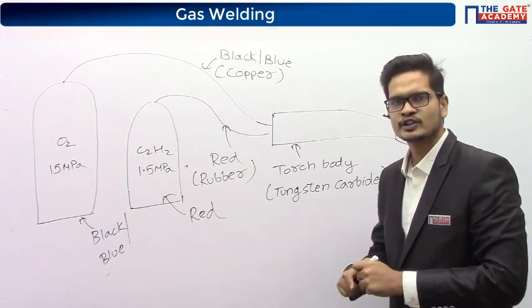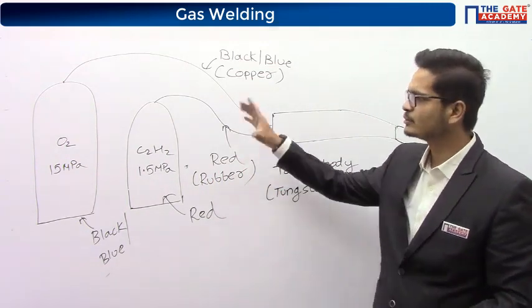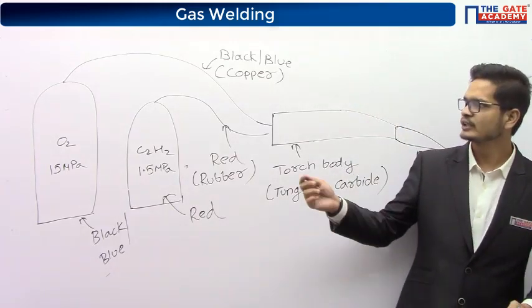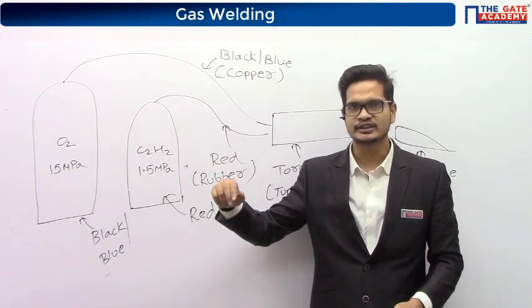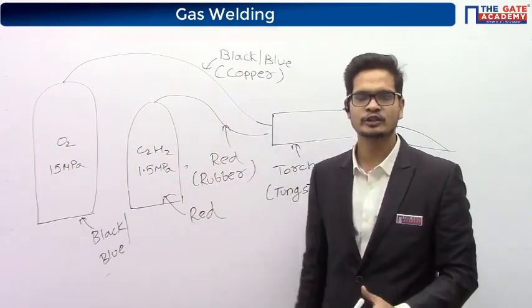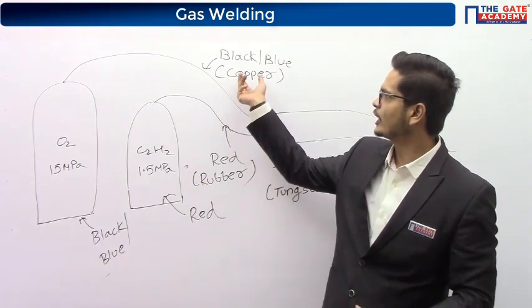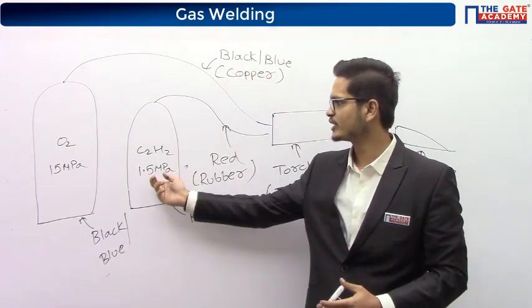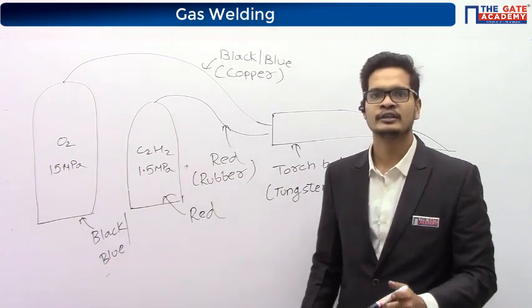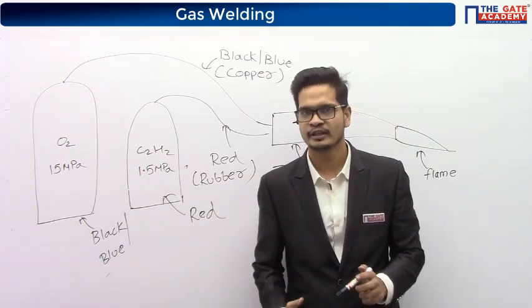Now, since all the cylinders and all the pipes are at one location, there are chances that due to some negligence, the pipes can have a cross connection. Like you can connect the copper pipe to acetylene or you can connect the rubber pipe to oxygen. But that should be avoided, right?